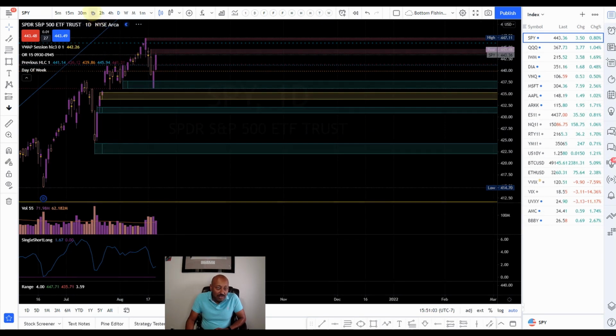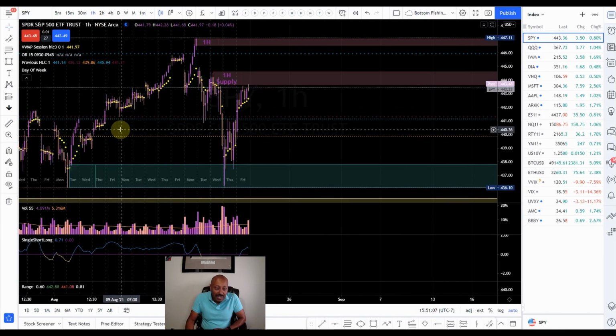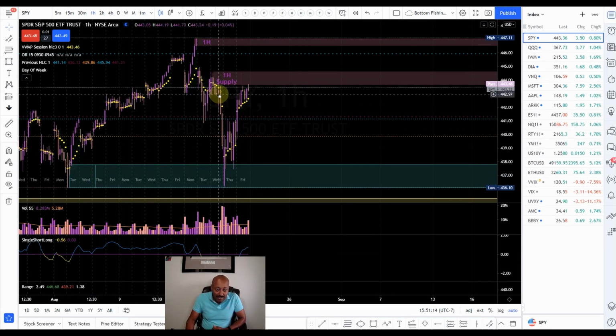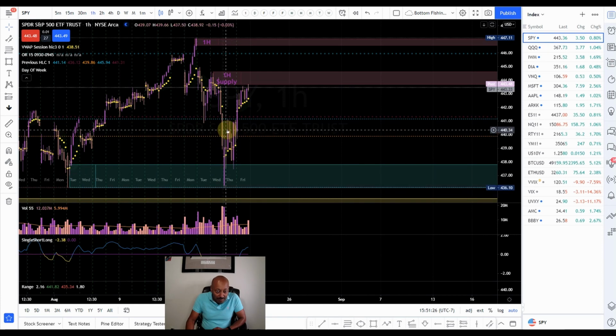So I will go down to the hourly chart and show you what I mean by the order block becoming a demand zone. So this order block, when price started to drive down the day before yesterday, and then yesterday it really went below it. Now it created a demand zone here because price pushed up and there were some orders that were left open.